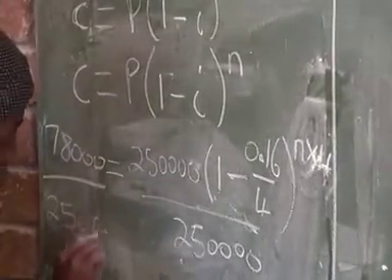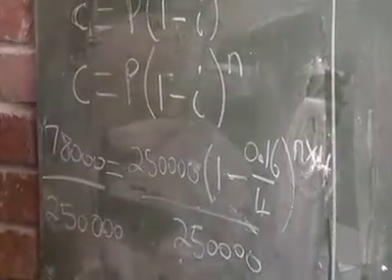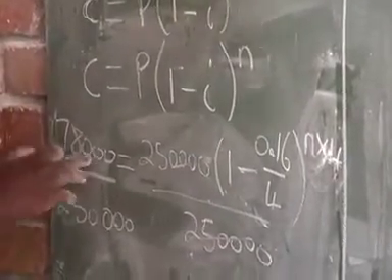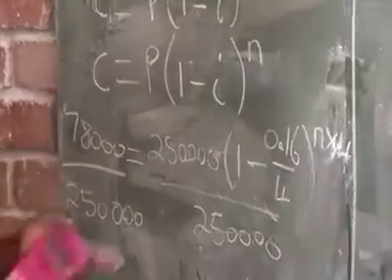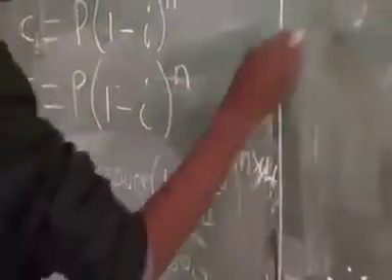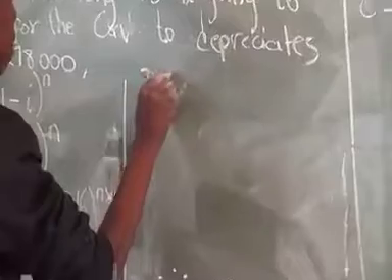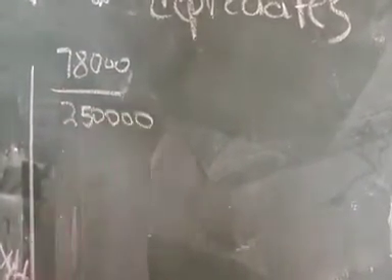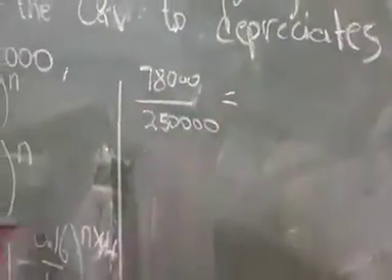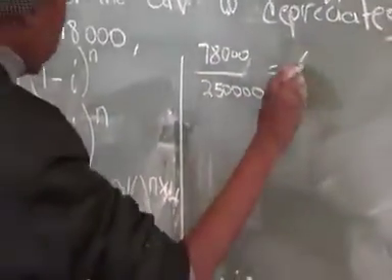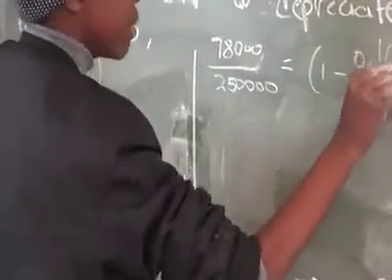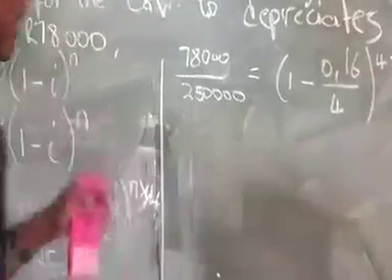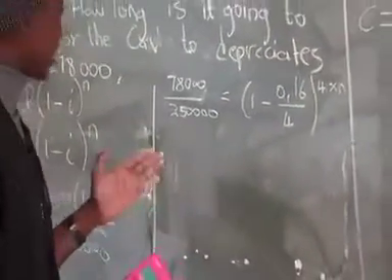Remember, it's mathematics: what you do on the left, you must also do on the right hand side. So this is going to cancel this one, and we are left with 78,000 divided by 250,000. I'm just going to copy this whole thing here: 78,000 divided by 250,000 equals 1 minus 0.16 over 4, all to the power of 4n. This is the part where we are going to apply our logarithm laws.